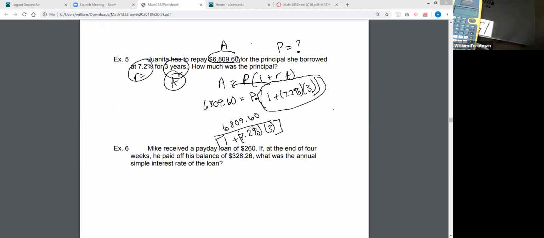So let's see if we can type that into our calculator. First, you have to type in a fraction.